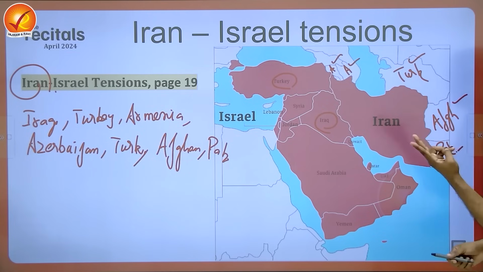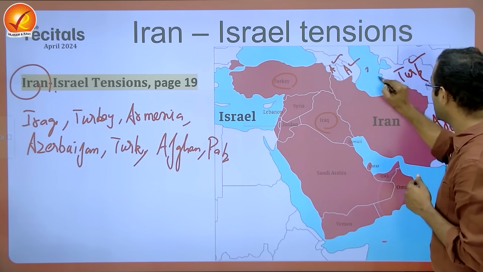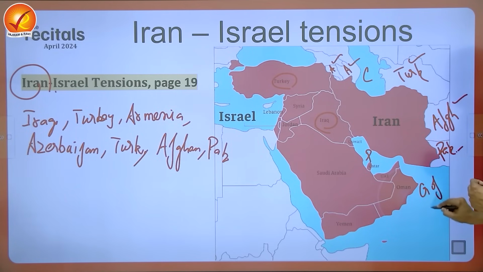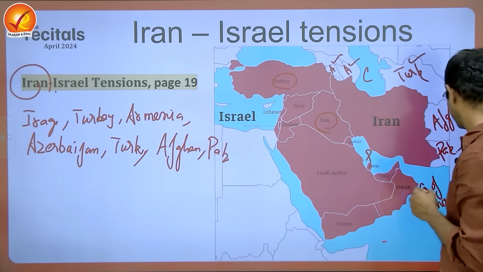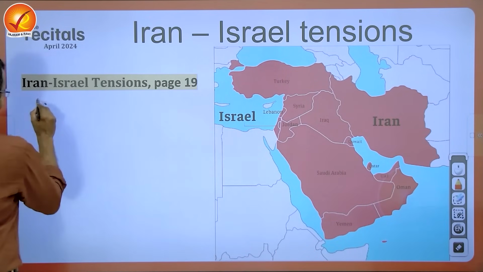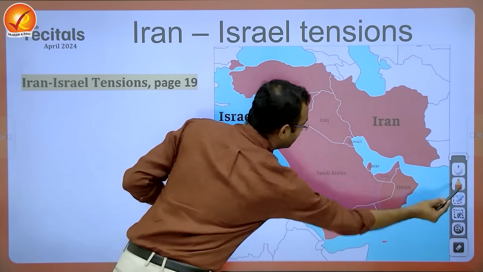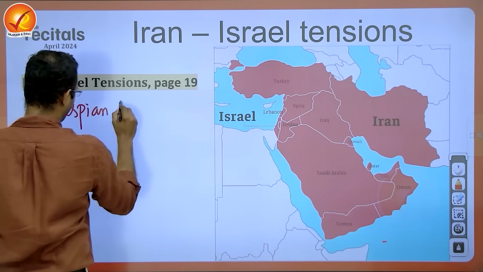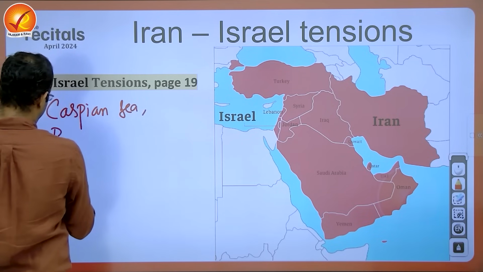It also shares marine border with 3 places. One is Caspian Sea, another one is Persian Gulf, another one is Gulf of Oman.